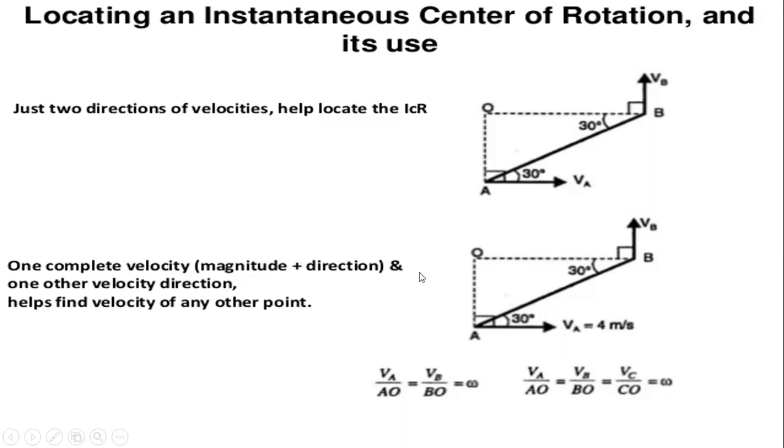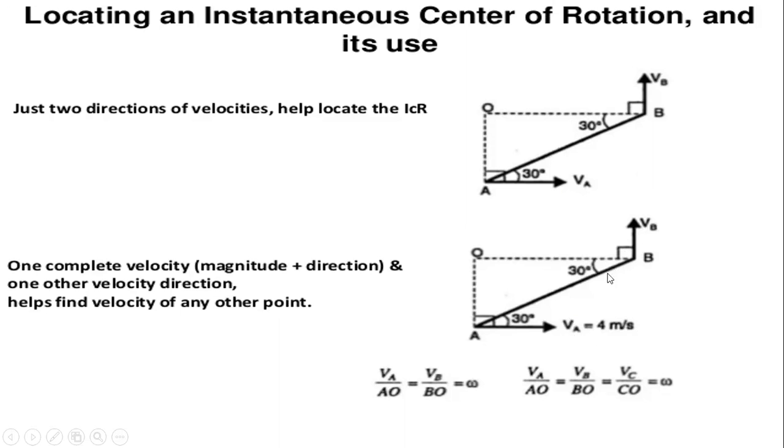So this type of location of the instantaneous center is found in the example here. In the first picture, there are no velocities, so there is no magnitude and direction. But in the second picture, you can see the velocity of A is given, that is 4 meters per second, and the velocity of B is not given.